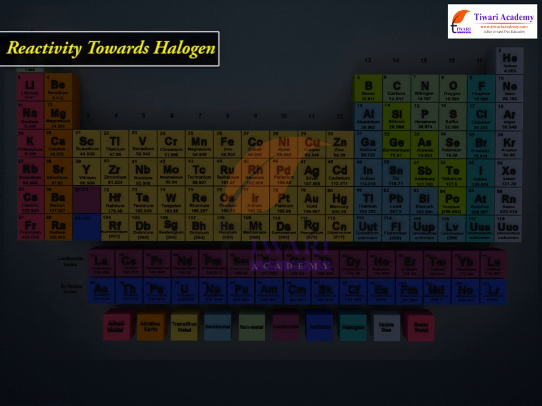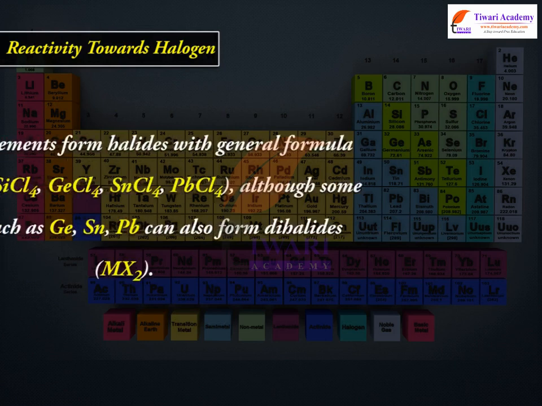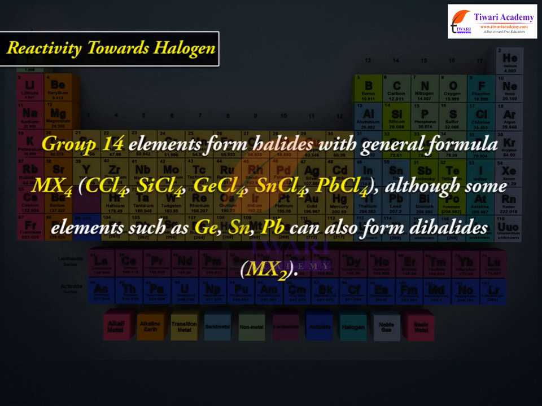Reactivity towards halogen. Group 14 elements form halides with general formula MX4: CCl4, SiCl4, GeCl4, SnCl4, PbCl4, although some elements such as Ge, Sn, Pb can also form dihalides MX2.